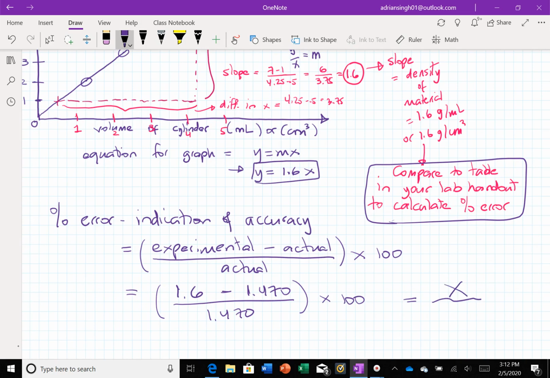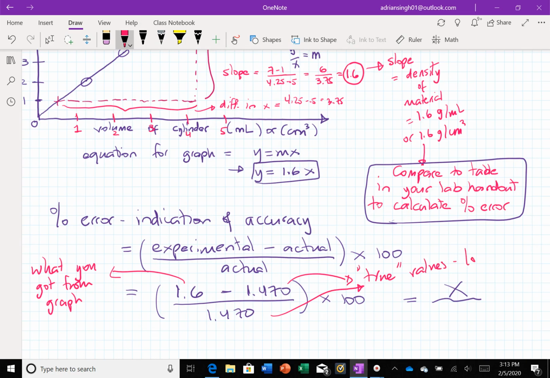All right, so again, the experimental value, this here, is what you get from your graph, and then the actual value, which are these two values here, are the true values that you get from looking up in the table provided.